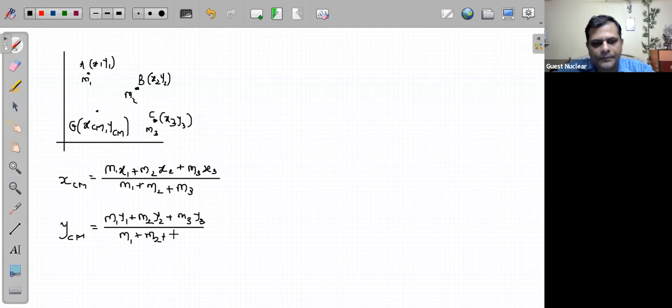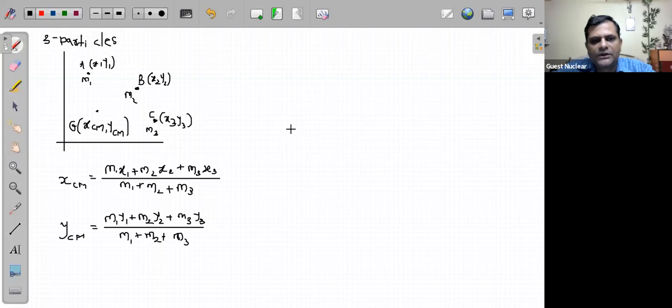So this is the formula for finding the center of mass of a three particle system. So see, we have a formula to find the center of mass of three particles. That's it. And then we can just generalize this formula.